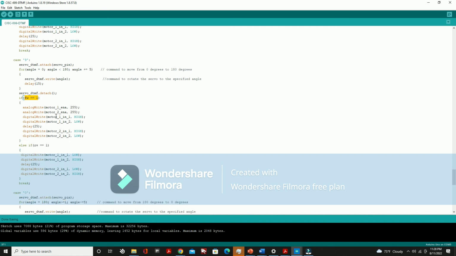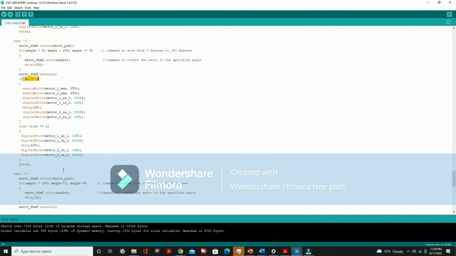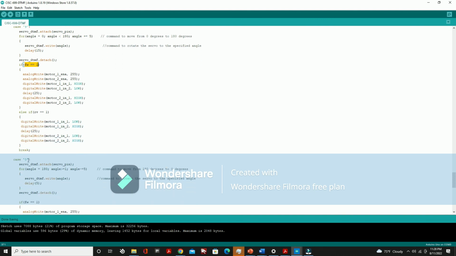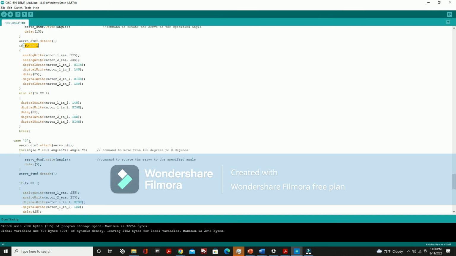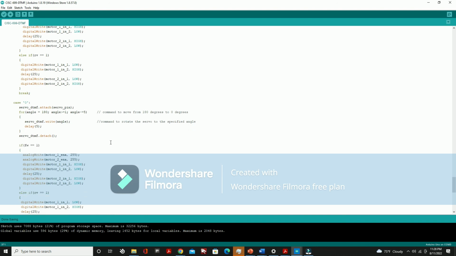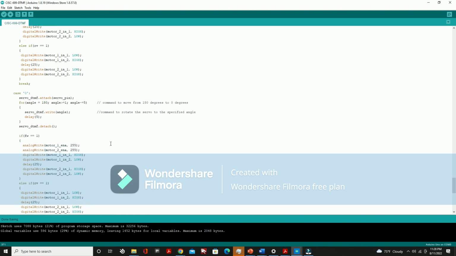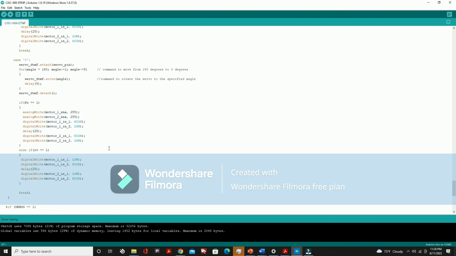If it's in the forward mode, then I again enable all the DC motors in the forward direction. If it's reverse, I enable the DC motors in the reverse direction. A similar approach I have taken for the keypad number 0. The only difference is when the keypad number 0 is pressed, the servo motor actually turns to the left.